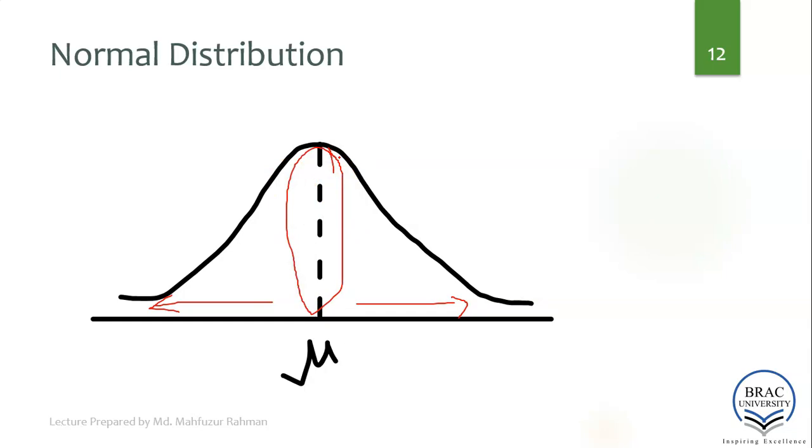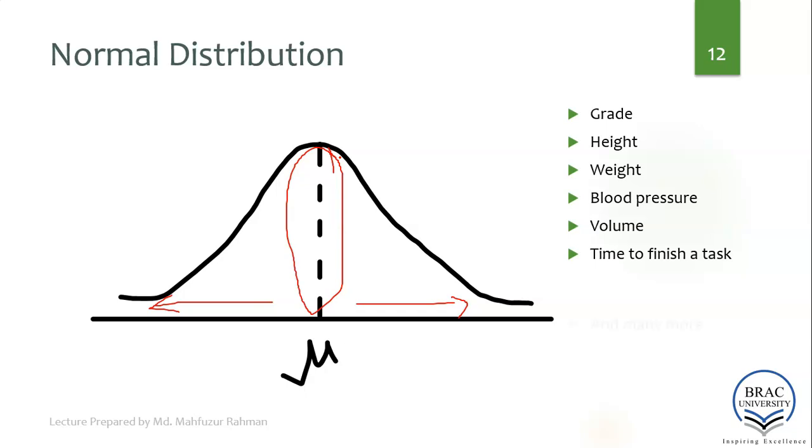It is widely used and even more widely abused actually. You see bell-shaped curves in almost all disciplines. Many different continuous variables follow the nature of normal distribution because of its shape, like exam grade or IQ score, height, weight, blood pressure, volume, or even time to finish a task, and many more.